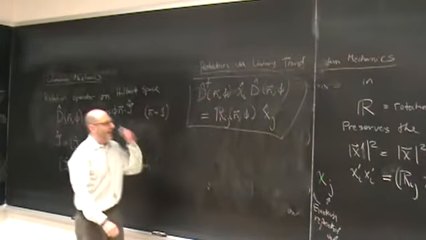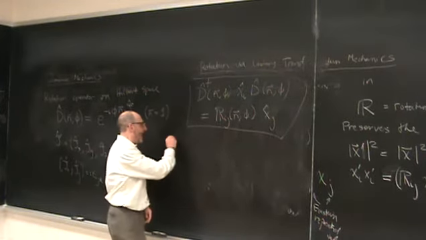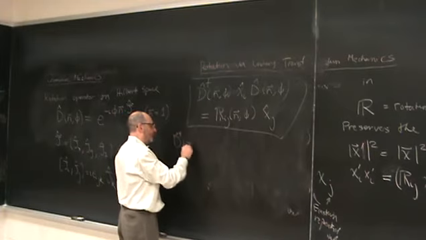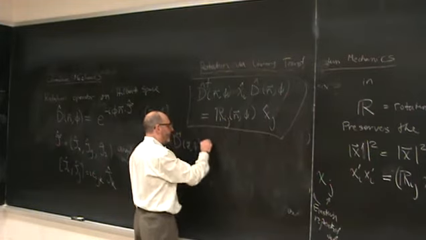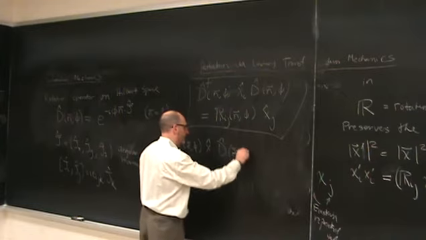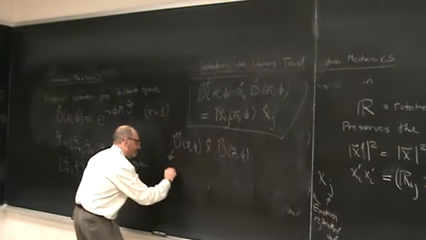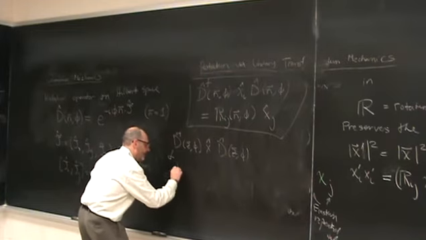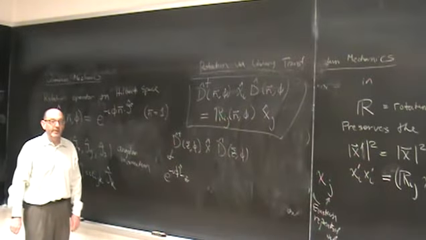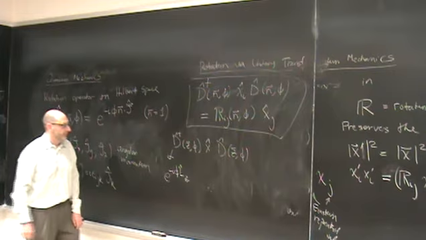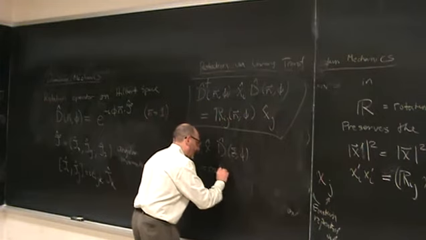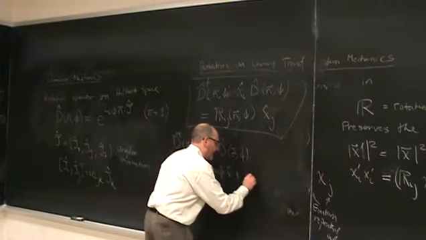okay? So for example, if I rotate around the z-axis by an angle phi, and I apply that to the x operator, where this is e to the minus i phi Lz, the orbital angular momentum operator, what is this? Well, it's cosine phi x plus sine phi y.